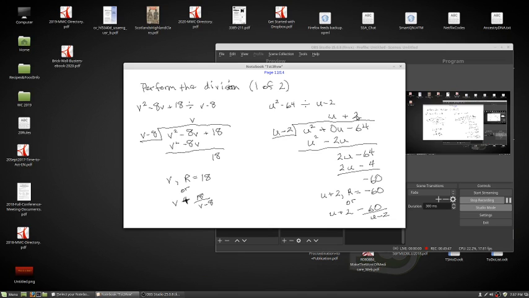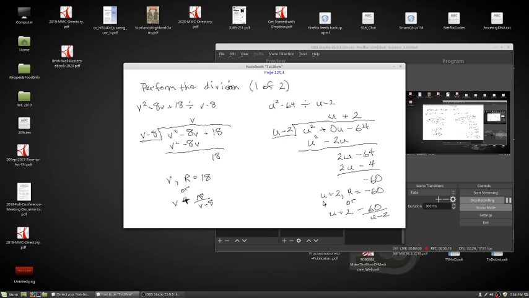Okay. Now, to get u to be 2u, we multiply by plus 2. So 2 times u is 2u. Negative 2 times 2 is negative 4. 2u minus 2u is 0. Minus 64 minus a negative 4 becomes negative 64 plus a positive 4, or just negative 60.